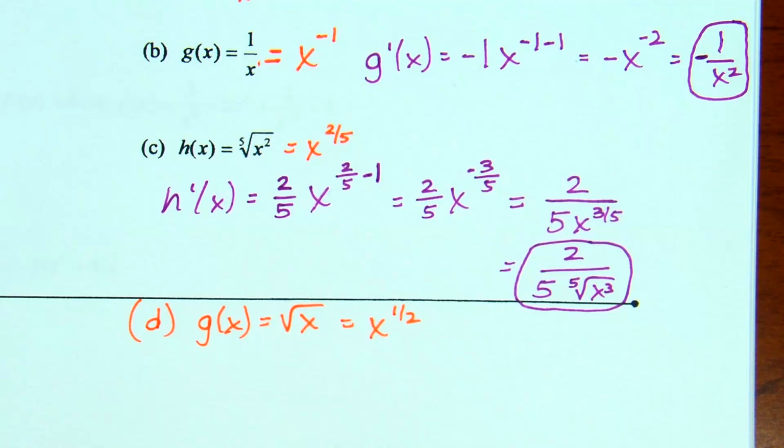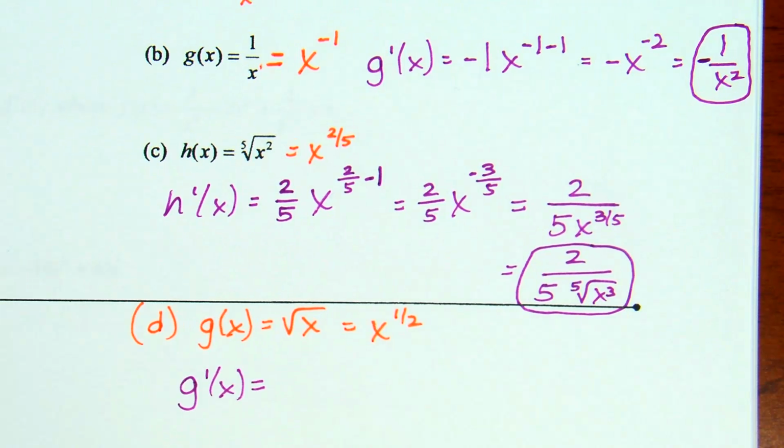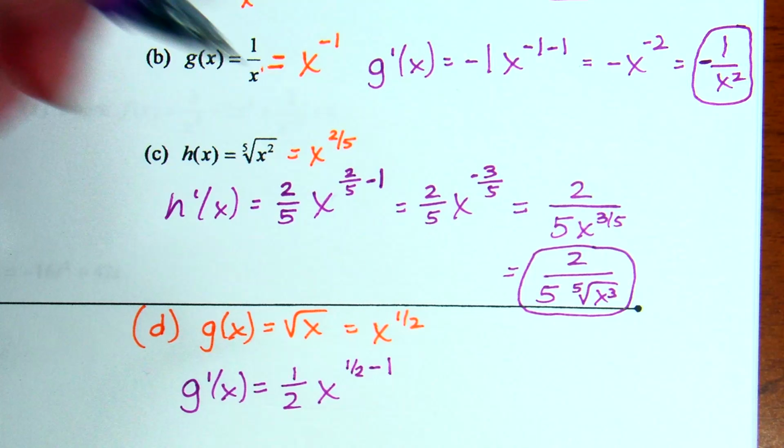So this is where it becomes hugely important to be able to easily transition between radicals and what we call rational exponents, so fraction exponents. You need to be able to easily go back and forth. So, what are you thinking about g prime of x? I wrote 1/2 minus 1, but yes, I agree with negative 2/2.